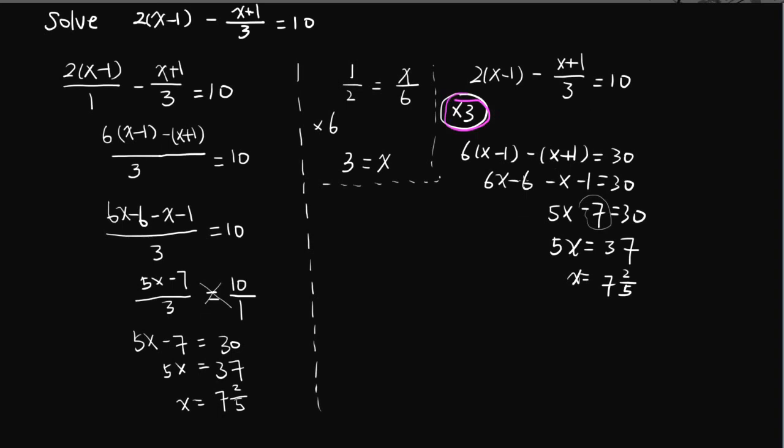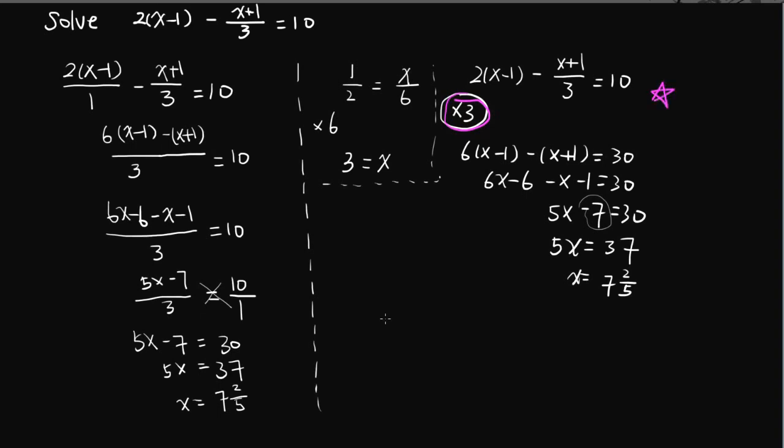So we get rid of the fraction in the first step. After that, it becomes solving a linear equation, which is much easier. With the first approach, you have to express the two fractions as one single fraction, manipulate the fraction, and then cross multiply. It is a long-winded approach. So please always use this approach in exams.